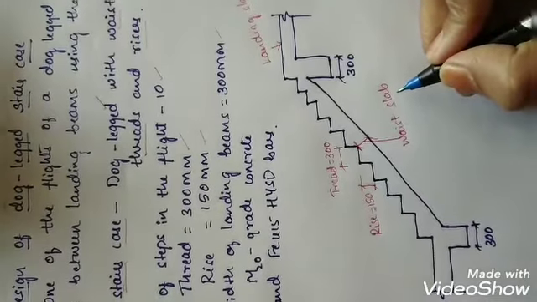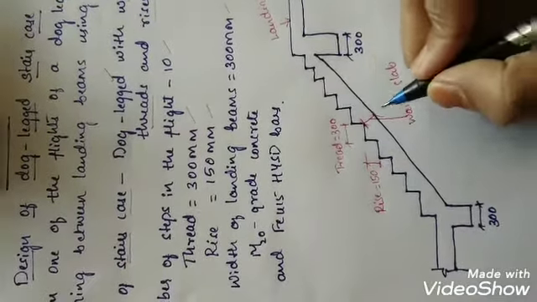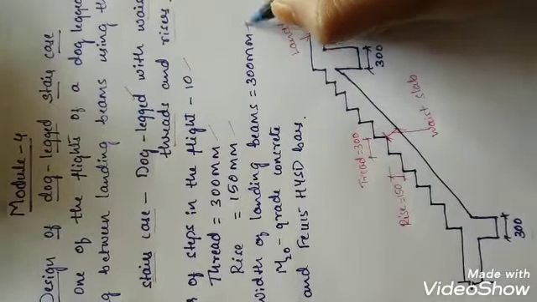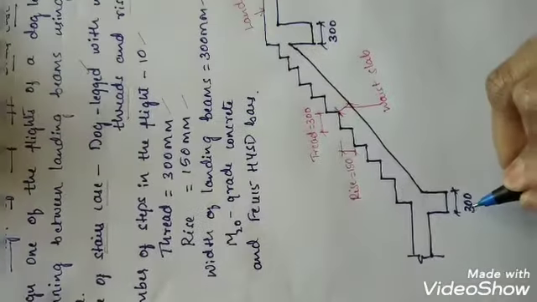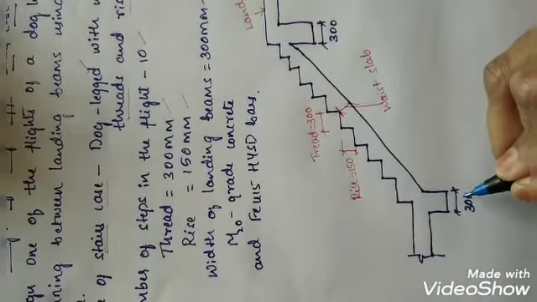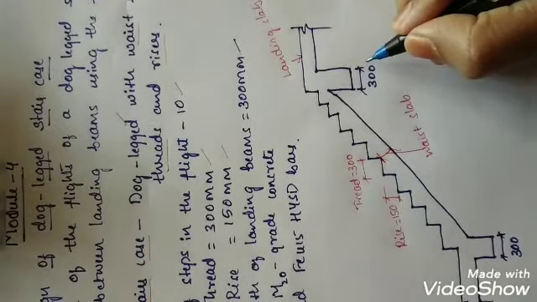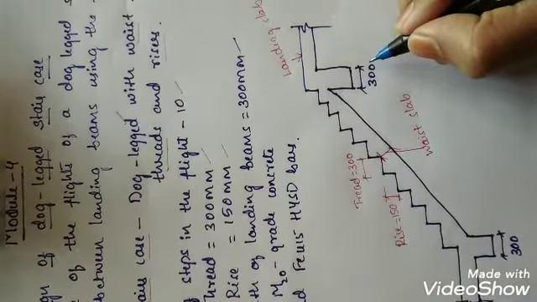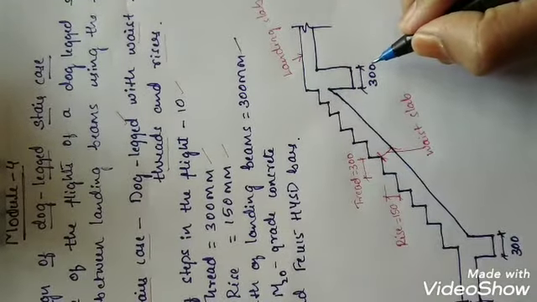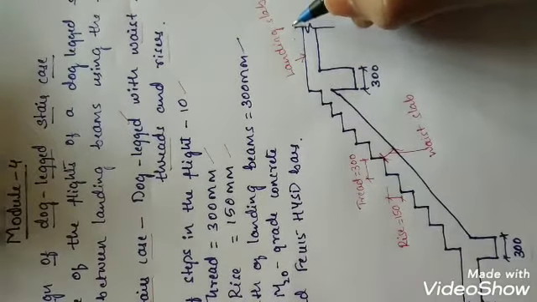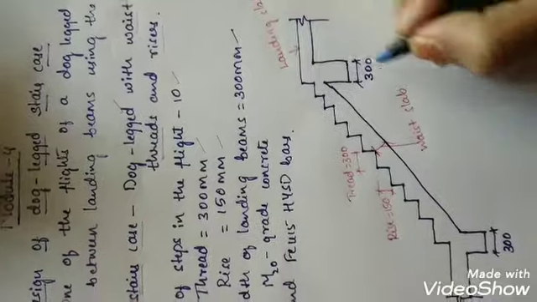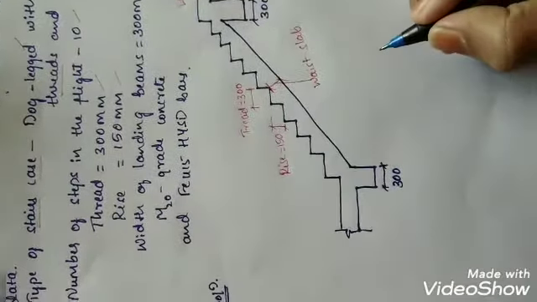And he mentioned the width of the landing beams, which he gave as 300 mm. So that 300 mm I have mentioned here, here also 300 mm, and this one is also 300 mm. This we are calling the width of landing beams. Along with that we have a landing slab, which I have also marked. Now we'll go for the design of this dog-legged staircase.